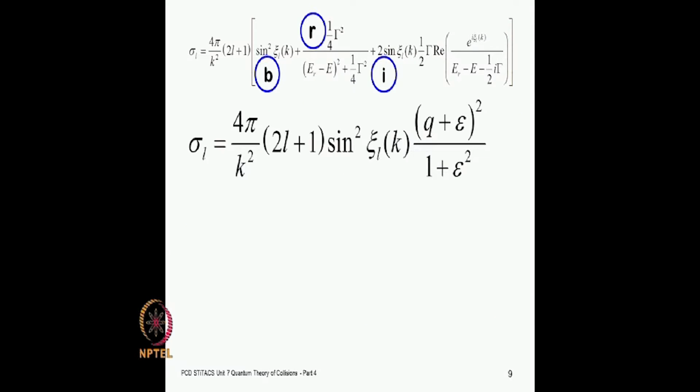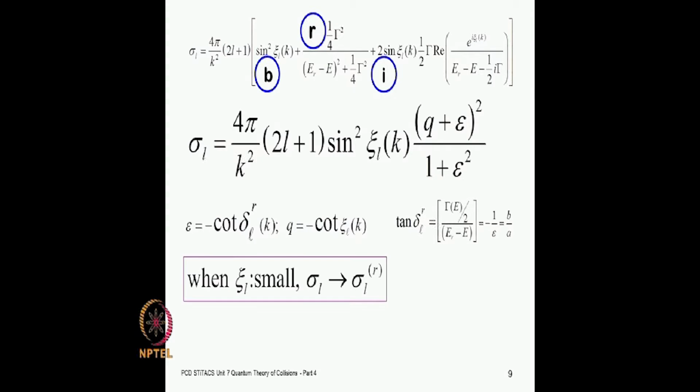So this is our effective expression for the scattering cross section in terms of the Fano parameters. Notice that when the background phase shift is small, when xi goes to 0, then you have only the resonant part of the scattering cross section, right?